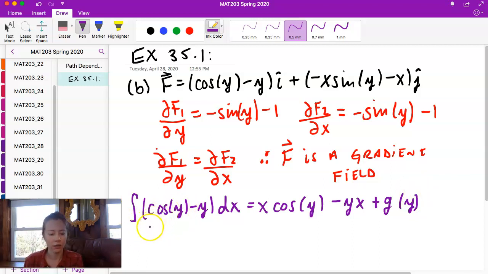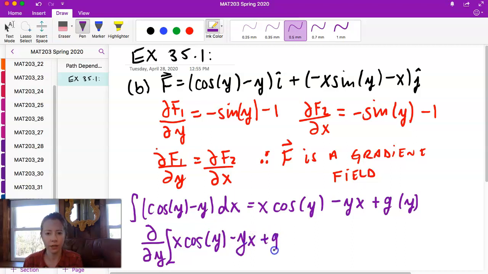Then we take the partial derivative with respect to y of x cosine y minus yx plus g of y, which gives us minus x sine y minus x plus g prime of y.